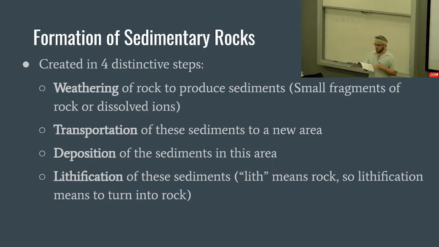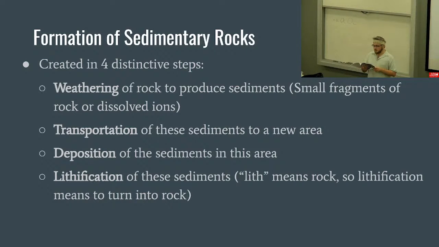Cementation occurs when particles are glued together by other minerals. So these minerals, cements, are formed from the recrystallization of ions in a solution. So for example, my example of limestone getting eaten away by acidic rainwater.